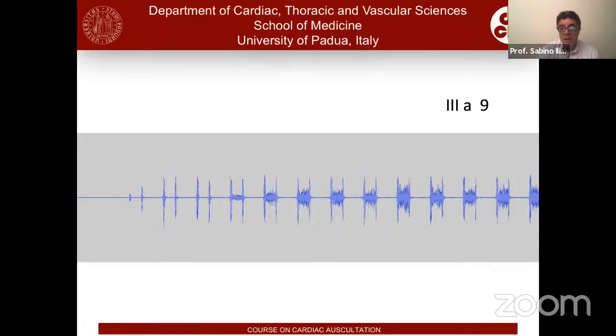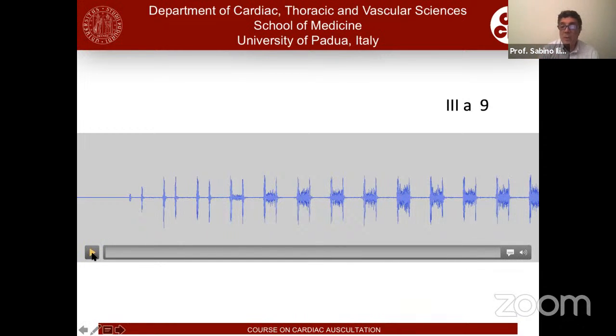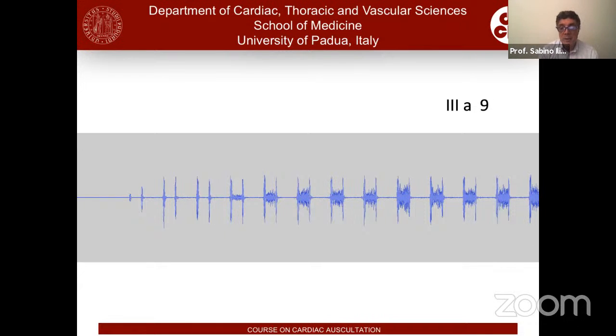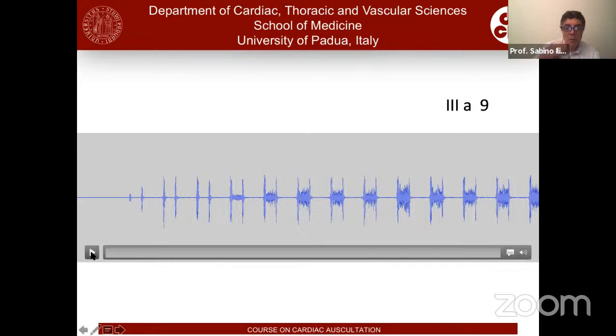This is an example of a severe mitral regurgitation because there is a third sound and the small murmur after the third sound. So let's please watch everything before having access to the sound without watching, but with the eyes closed. So open, have a look, and then without having a look.